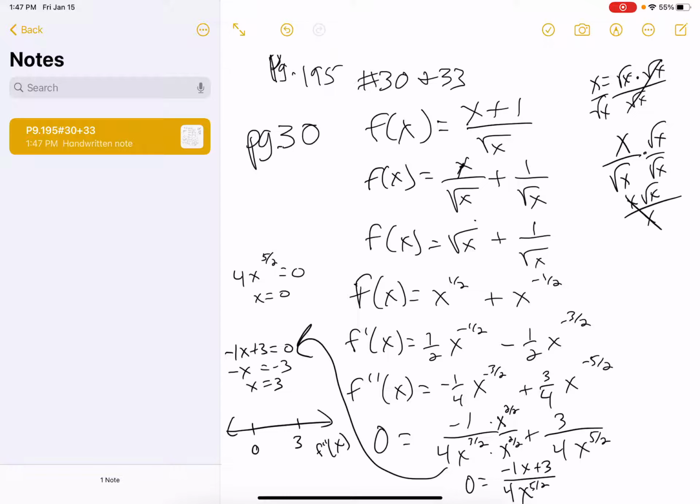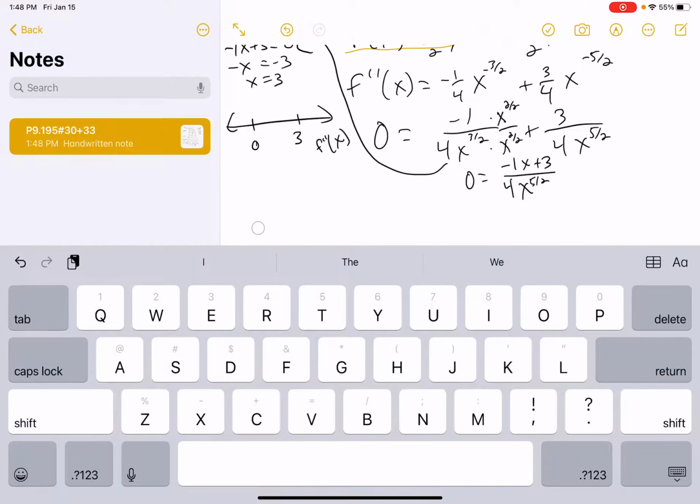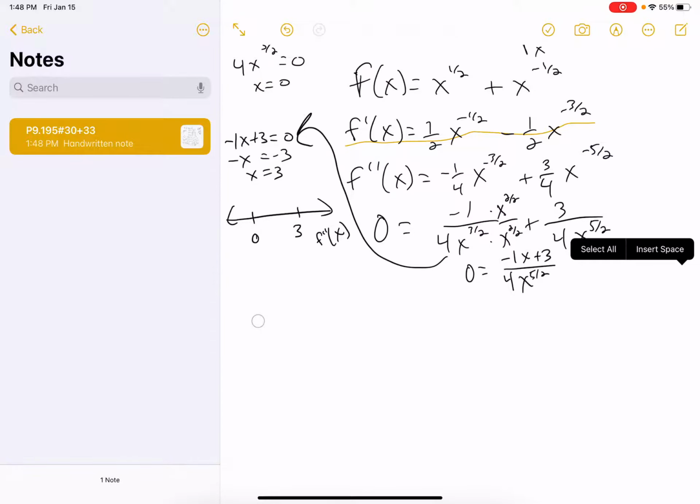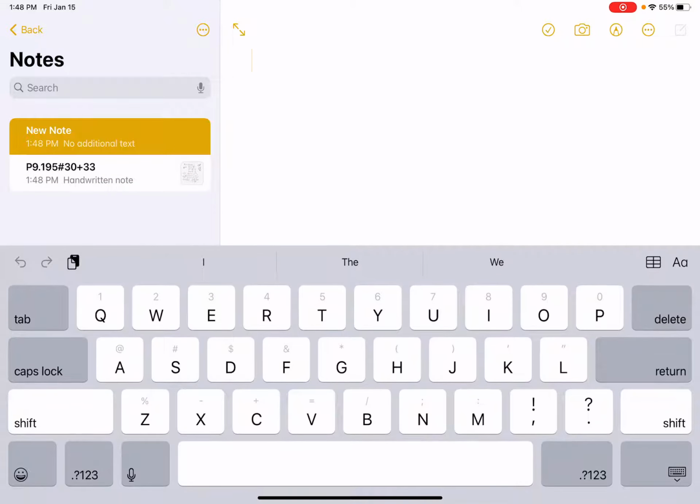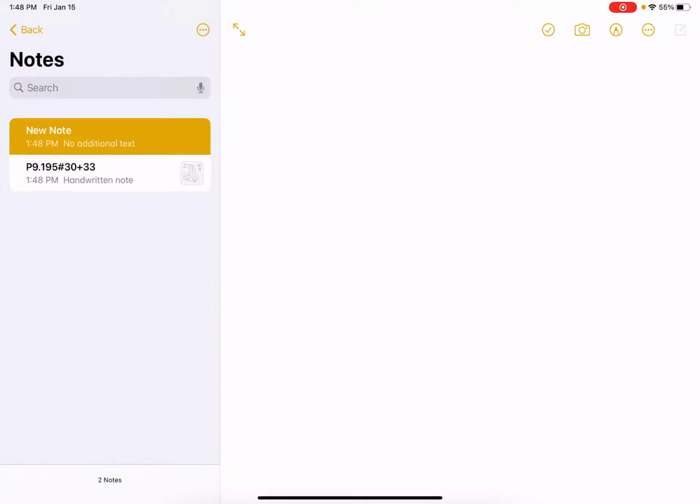Good. Okay, so now let's go through number 33. I want to go through the algebra on that one. All right, so, one second. Okay, so then here's page 195, number 33.